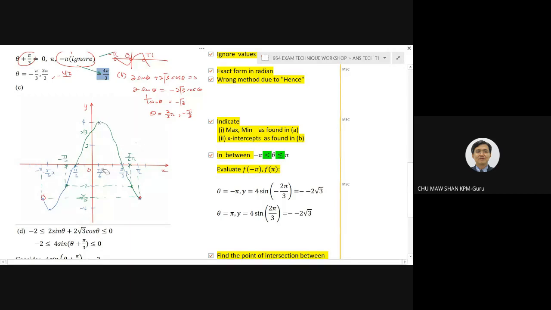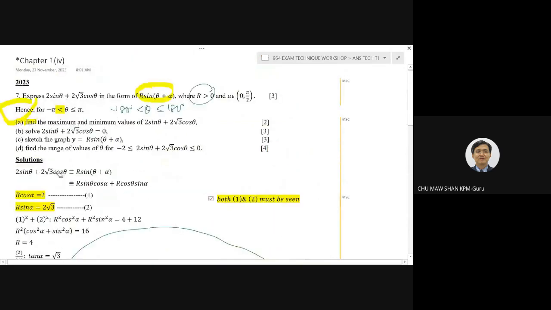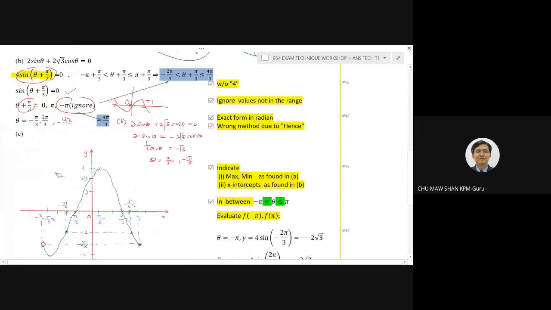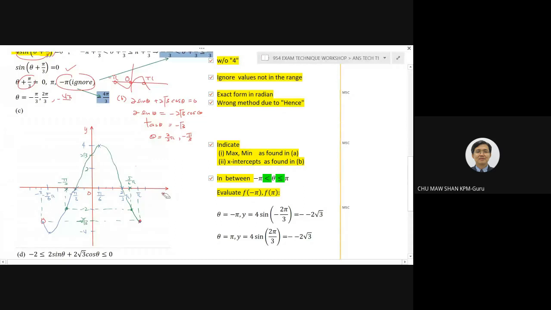The corresponding value is pi over 6. Minimum point, negative 4. The corresponding value is of theta. I also made a mistake here. They are all in the form of theta. So this one, you must change to theta, not x. This one is wrong. Use theta.